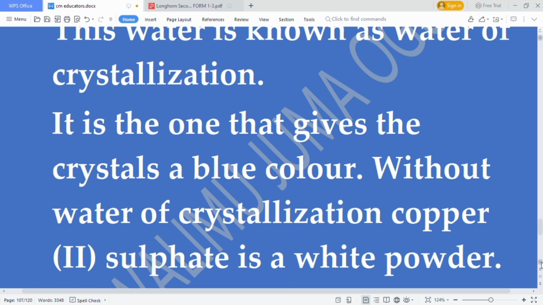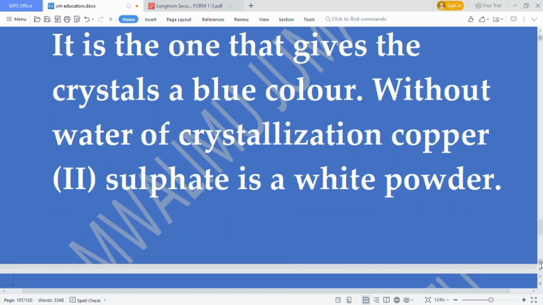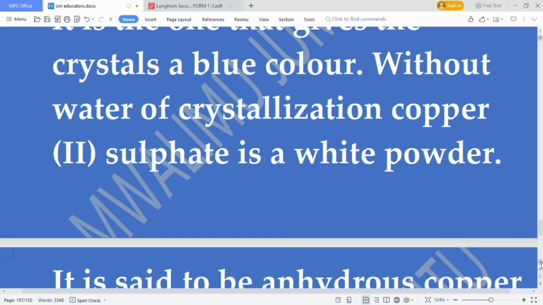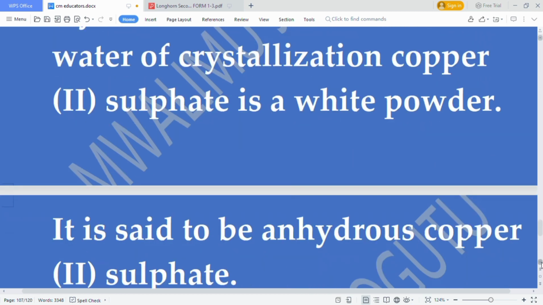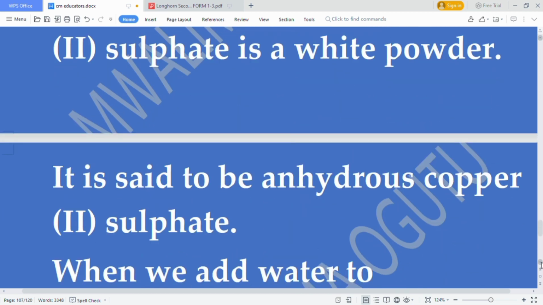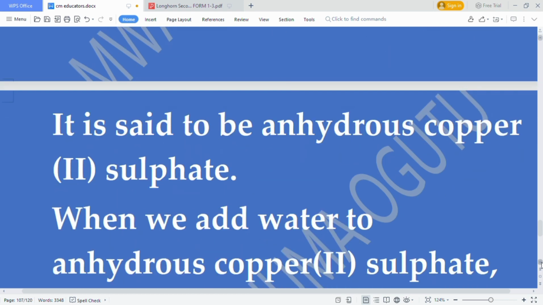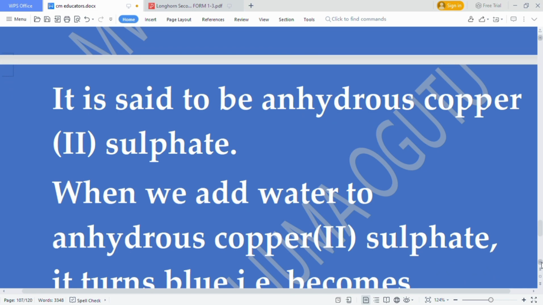So copper 2 sulfate is a white powder, but on addition of water, it becomes blue in color and now in crystals. It is said to be anhydrous copper 2 sulfate. When we add water to the anhydrous copper 2 sulfate, it turns blue and becomes hydrated.